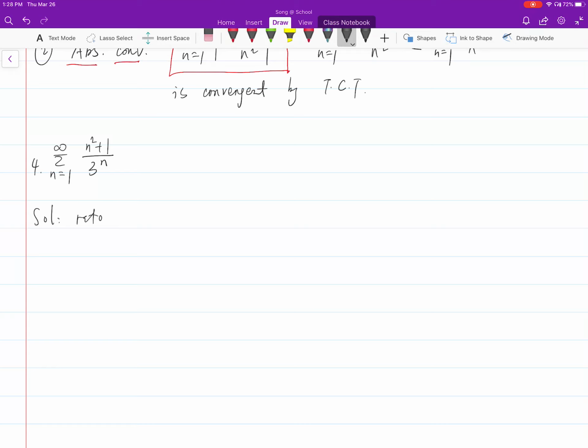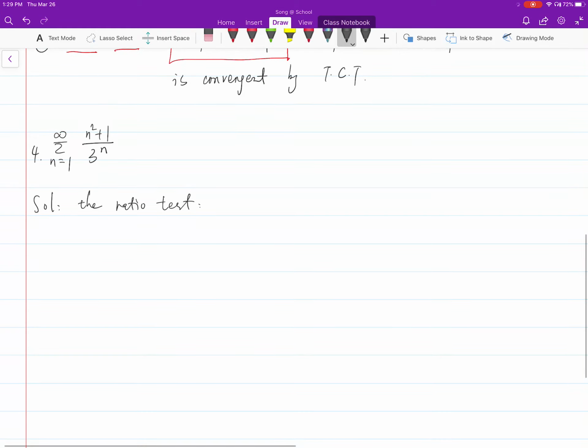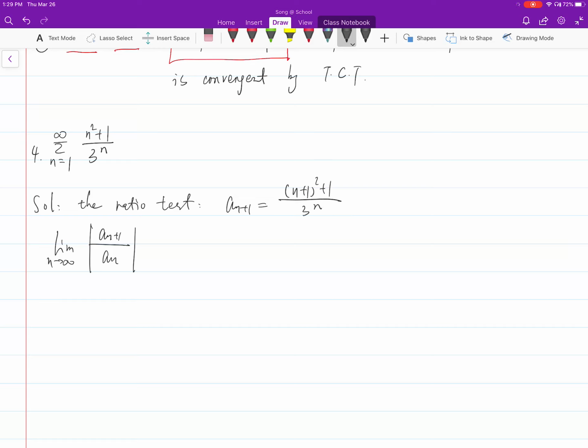We run out of options. But now, with the ratio test, we just need to check a_{n+1} divided by a_n. Let's check. a_{n+1} equals ((n+1) squared plus 1) over 3 to the n plus 1. a_n is just (n squared plus 1) over 3 to the n.